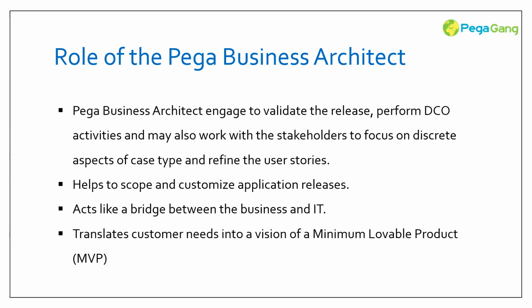And also they try to gather all the information, they scope all the requirements, they try to come up with the backlog, and from that backlog items they will be refining those user stories, putting them in the sprint, and they will be delivering that sprint wise in an agile project. And they help to scope and customize the application releases as well.